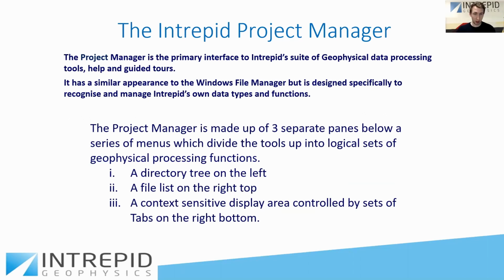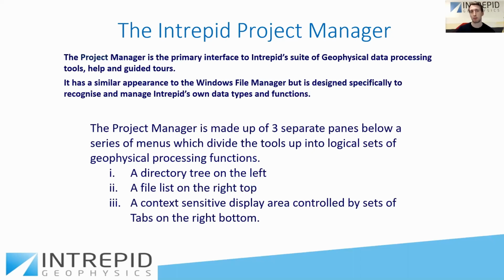So let's talk a little bit about the Intrepid Project Manager. It's the primary interface where you'll launch a suite of tools and be able to access your different data sets and grids and so forth.